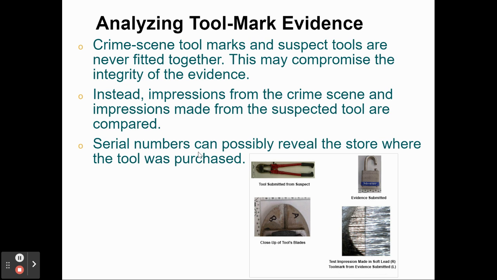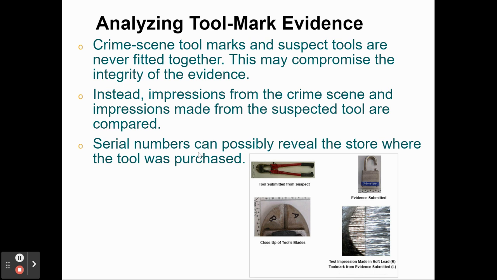Serial numbers potentially can be used to identify lots where particular items were sold, like what store maybe it had gone to, and whether it went to a big home shop or whether it was sold at like a Walmart or something like that. You can get a lot of information from that. Now, the flip side of that is a lot of criminals know that serial numbers are useful, so oftentimes they will remove those.